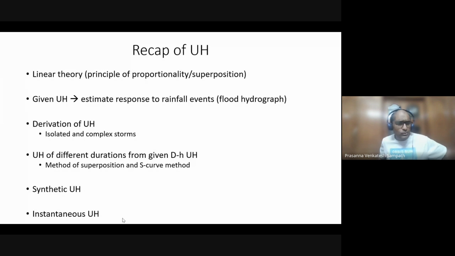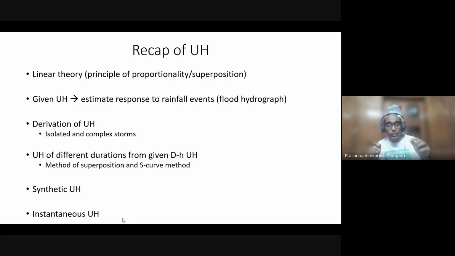Then we worked out many different problems where, given a unit hydrograph, we would estimate the response to different types of rainfall events, with base flow, without base flow, and so on.